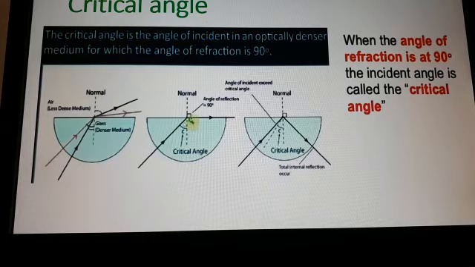The angle of refraction is 90 degrees. This is the incident ray and this is the reflected ray, and there is no refraction going on; it is totally reflected. Total internal reflection occurs. So when the angle of refraction is 90 degrees, the incident angle is called the critical angle. Here C represents the critical angle.